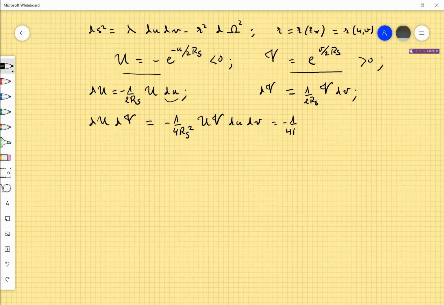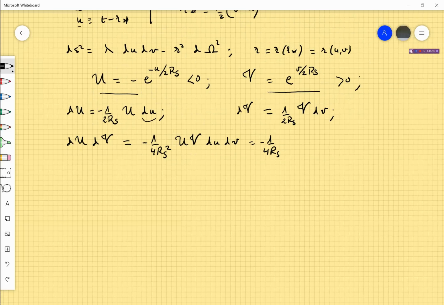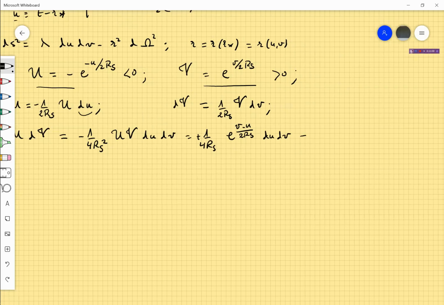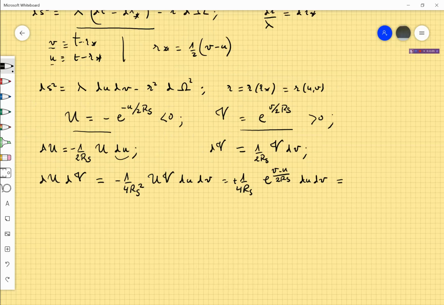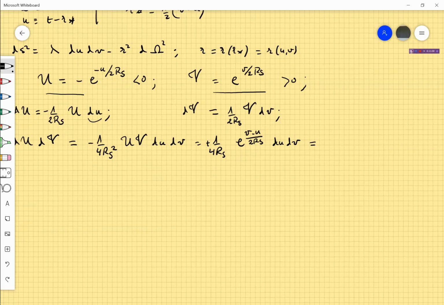You may use these definitions because the product of U and V is plus e to the v minus u divided by 2rs dU dV, and v minus u, we just so that it is r star, so this is 1 over 4rs squared, e to the r star divided by rs dU dV.